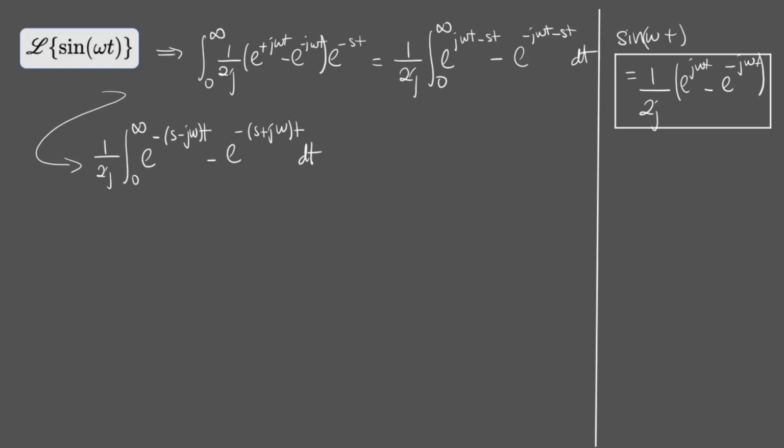Alright, pretty amazing stuff. We've seen this formula before. The integral of e to the minus at is 1 over s plus a. We don't have to do much about that. Throw this back in.